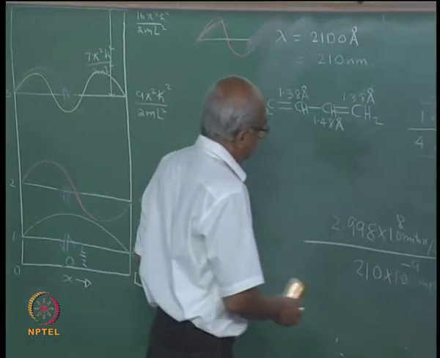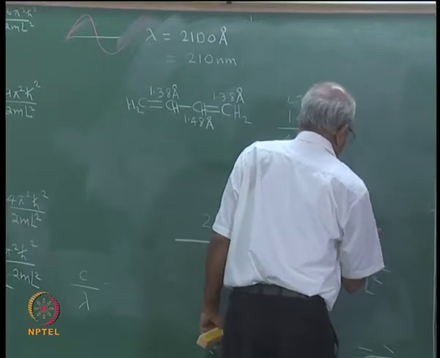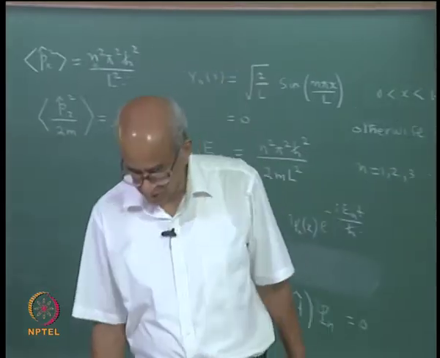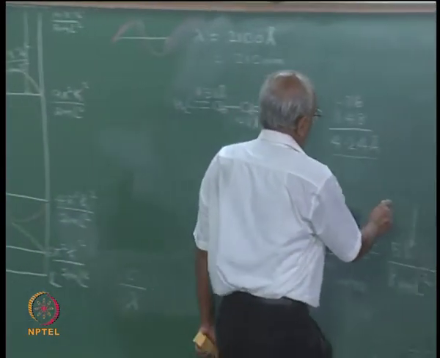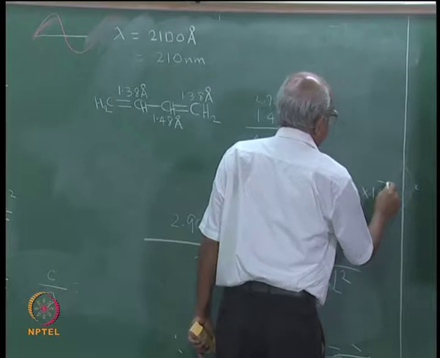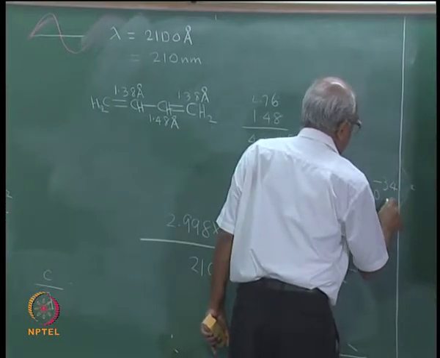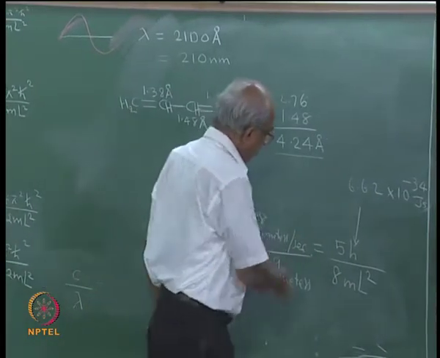And now you can substitute the values for h. H is 6.62 into 10 to the power of minus 34 joule second. You can also substitute the value of mass.